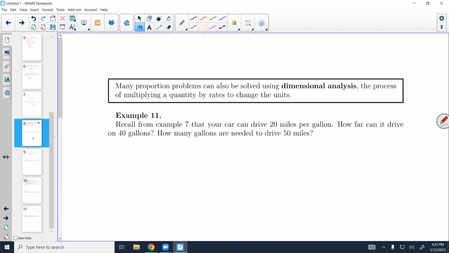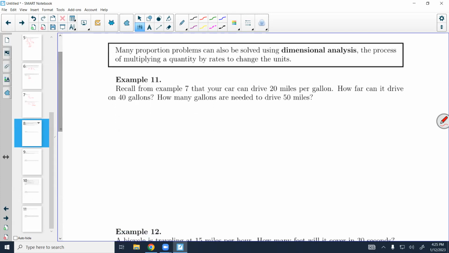So some proportion problems may also be solved using dimensional analysis, the process of multiplying a quantity by rates to change the units. And then they give us a problem that doesn't require that. So if you recall from example 7, your car can drive 20 miles per gallon.